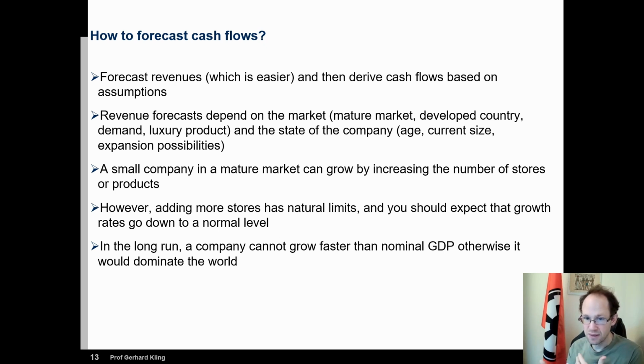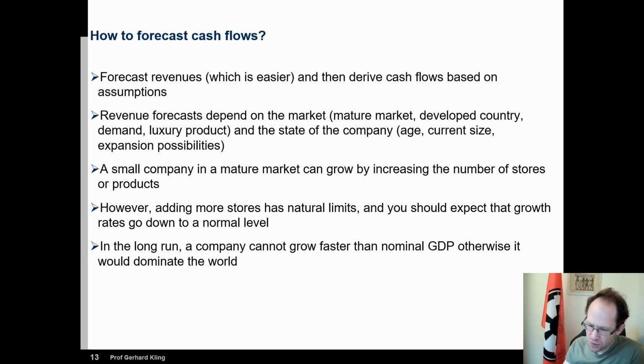And also you have to understand natural limits. It is very implausible that a certain industry can grow forever above nominal GDP. Otherwise the share of the industry will increase up to the industry being the economy.